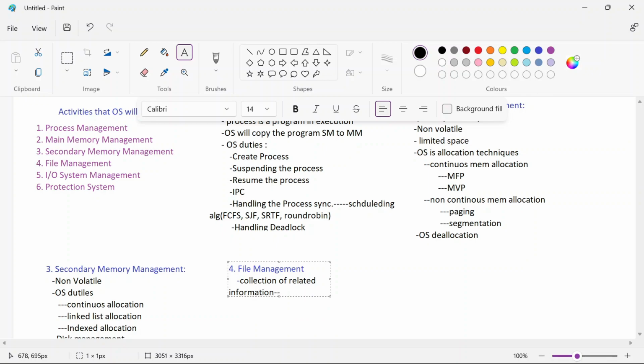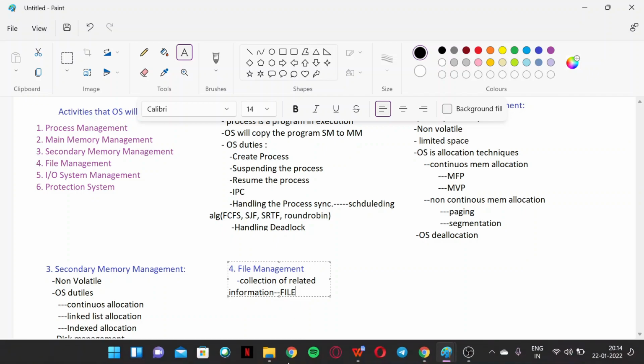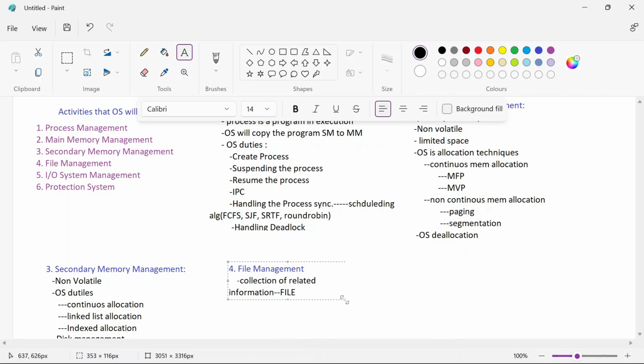This is called a file. A file may have a collection of lines, characters, words. We can also say a file may have a collection of bits, bytes, all these things. All of these have their own meaning, and their meanings are defined by the creator, whoever has created that file.